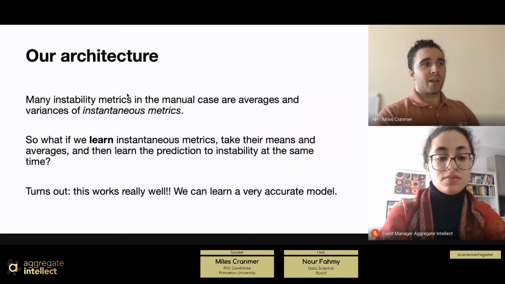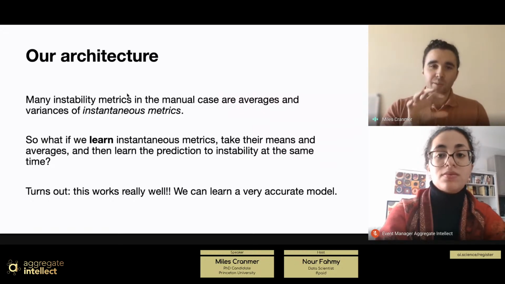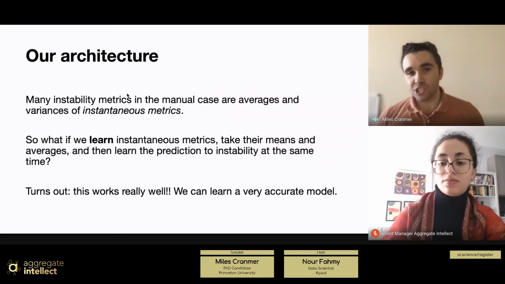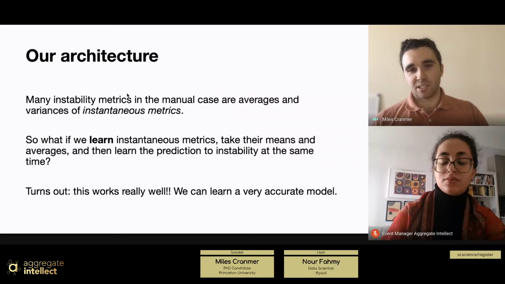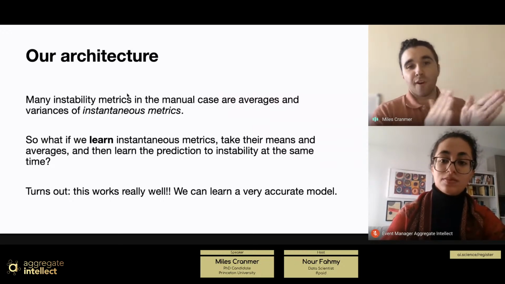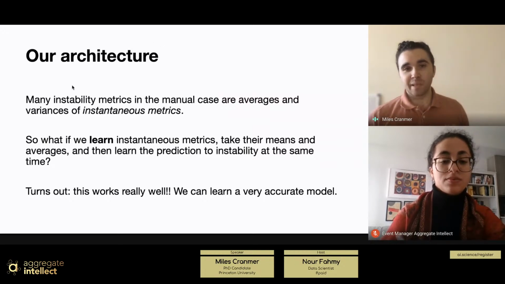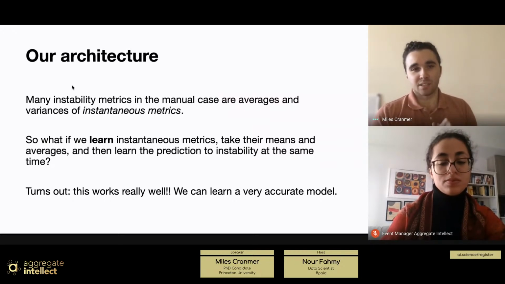In trying to develop a model, we noticed that many of the theoretical approaches to this problem are averages and variances of these instantaneous metrics. One metric, for example, is how far the planets are from each other. The theoretical metrics would be the average separation, or the variance in the separation between planets.